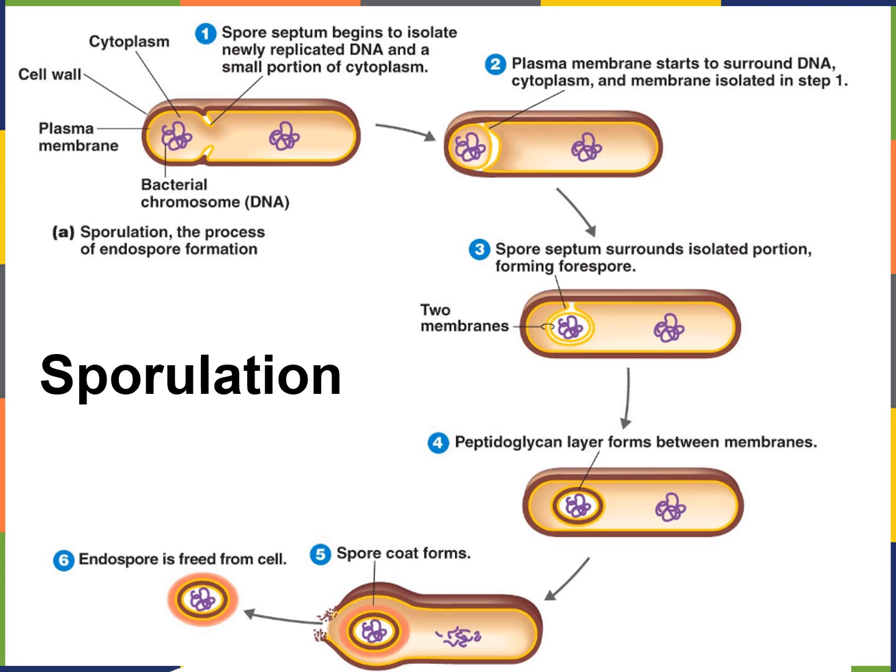By step 4, you form the layer of peptidoglycan. In step 5, the spore coat forms. And then the parent cell, or host cell, dies and lyses open, releasing the endospore into the environment. And that endospore in step 6 can live on surfaces for many, many years.